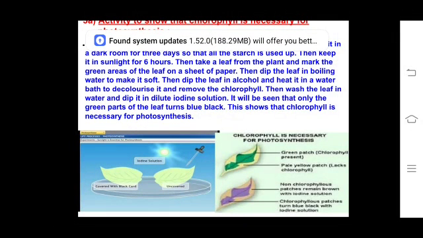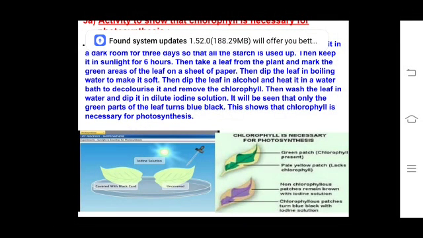This is a very important experiment, and in that the questions are why alcohol is used, why the leaf is dipped in water, and then why the plant is kept in a dark room for 3 days. Why is it kept? To remove all the starch. जो पहले से बना स्टार्च उसको कम्प्लीटली यूज़ अप करने के लिए 3 days डार्क में रखना है. उसके बाद वो स्टार्च फ्री है.